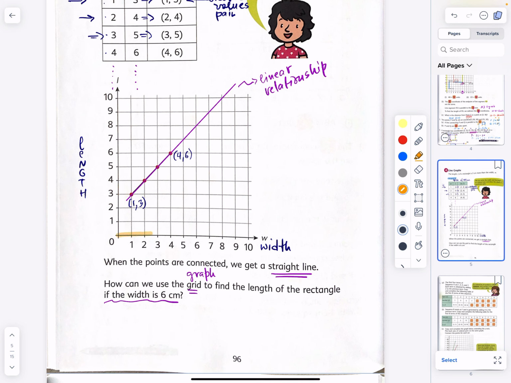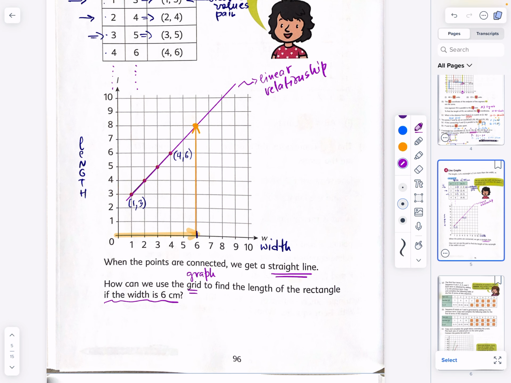So I do see, here is my 6, right? Here is width equals 6. Then I would go all the way up to my graph until I hit the graph right here. And I would plot a new point. Let's make it in red, just like it was before. So this is the new width when it's 6.